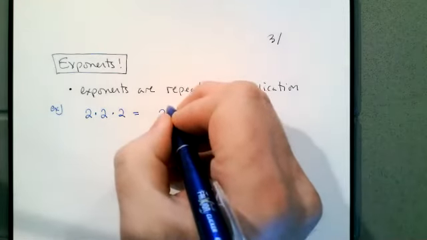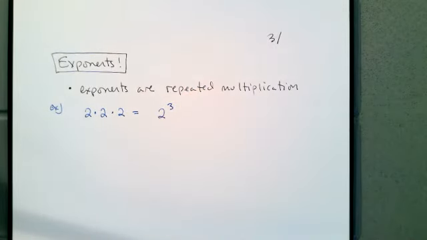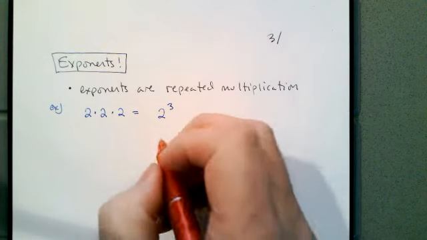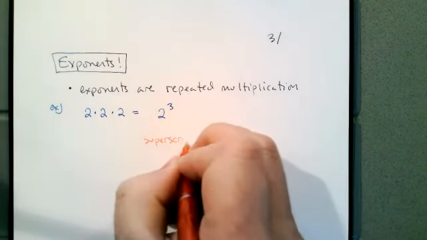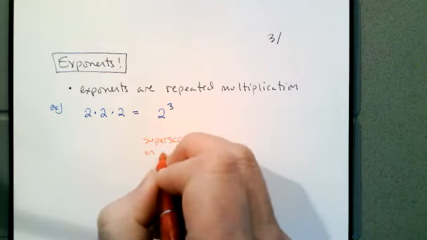We've really only got a couple of places where we can put the things together. So an exponent is written on the right side of the number as a superscript. So exponents, superscript, on the right.